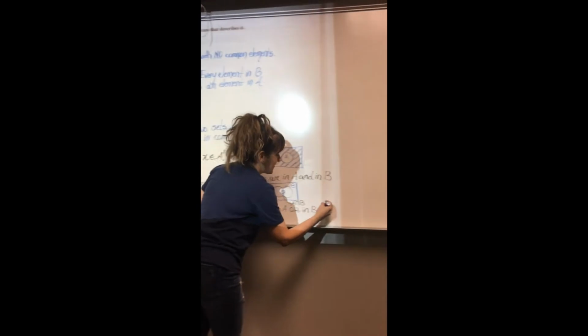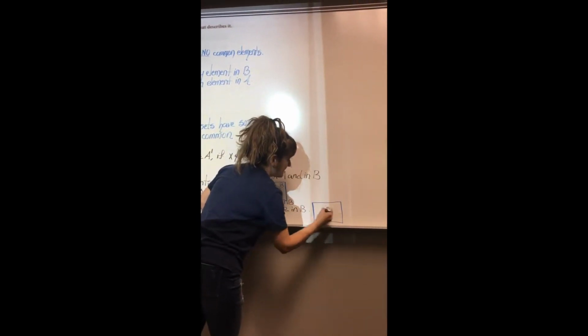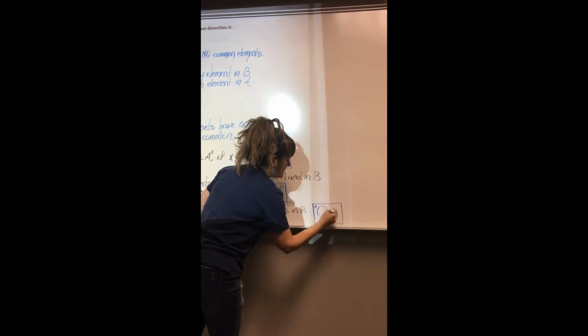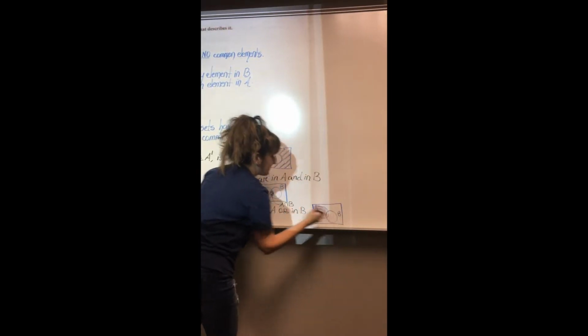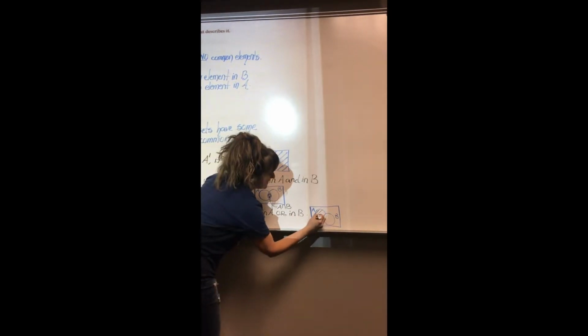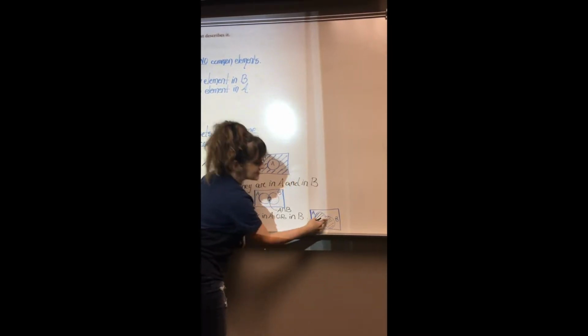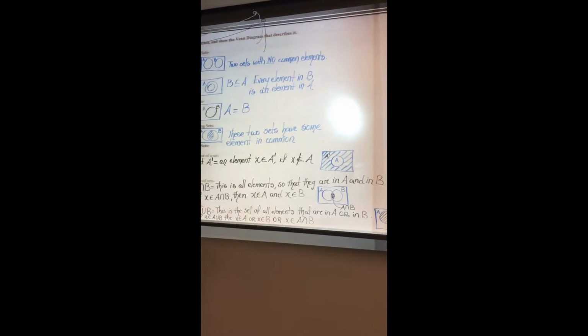So A union B is all the elements that are in A together with B.